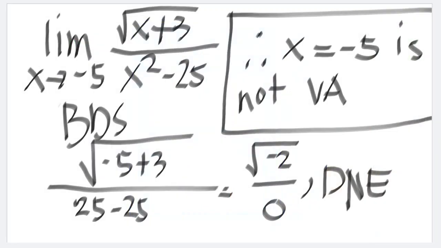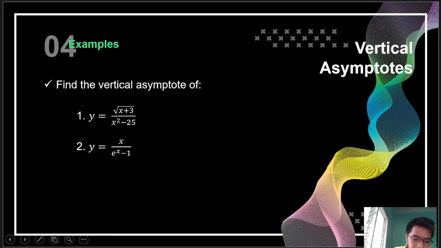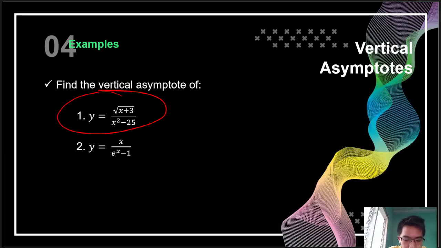With this example, our limit did not become infinity. So therefore, x is equal to negative 5 is not a vertical asymptote. We can conclude now that for this problem, y is equal to square root of x plus 3 all over x squared minus 25, the only vertical asymptote is x is equal to 5.